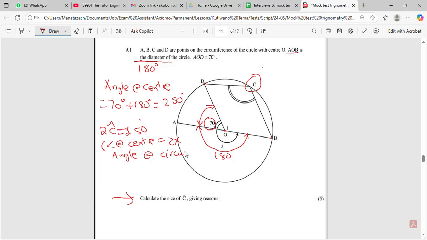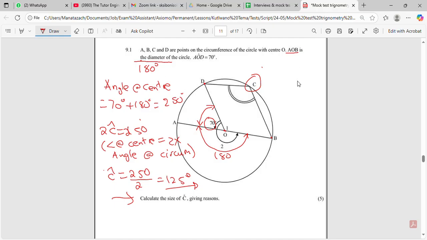That would be the reason. So if I were to continue with finding angle C, I would say angle C then would be 250 divided by 2. So the answer would be 125, right? So that's the end.